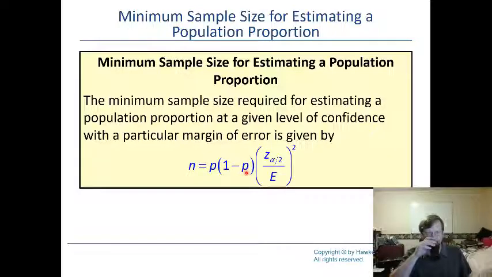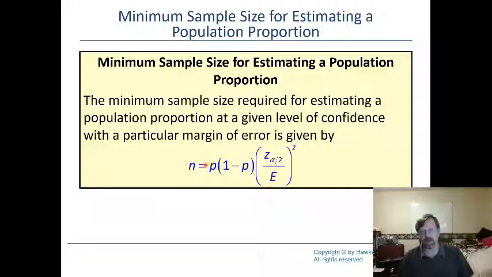So we do need to start this with an estimate of what the population proportion might be. So given an estimate of the population proportion and the desired margin of error and confidence level, we can figure out what the minimum sample size is. That estimate of the population proportion is basically your hypothesis.